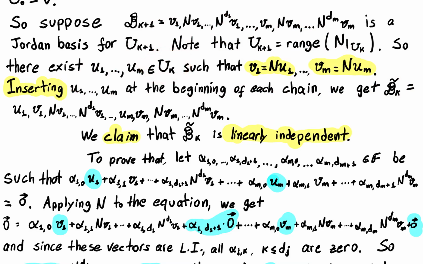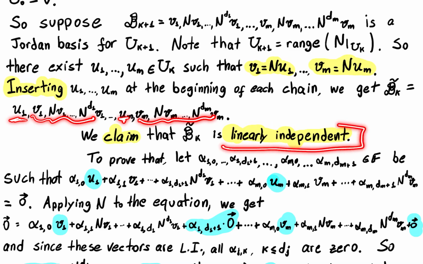So the point right now is if we insert this vector here, and then this vector here, just before the original chain, then the new chain we get is linearly independent. So maybe it doesn't span the whole space, but at least it's linearly independent, so later on we'll extend it to get a basis. How do we show it's linearly independent?